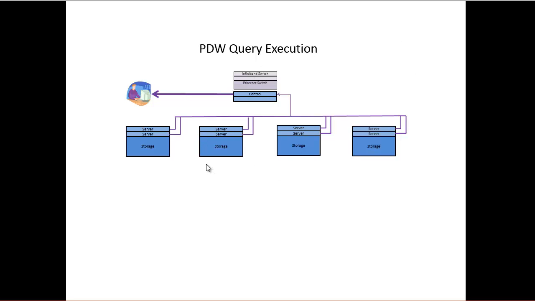So that's the real magic of this, the important part of using the processing power of the PDW: to ensure that processing is occurring evenly on all 4, or in this case, all of the scale units, so that none of these are left idle. They all get a query plan, and they all execute their portion of the data in parallel together, so that then the results can be combined up into the control node.